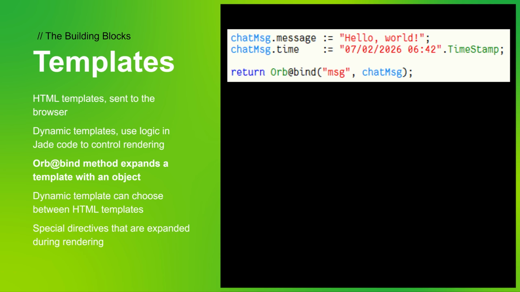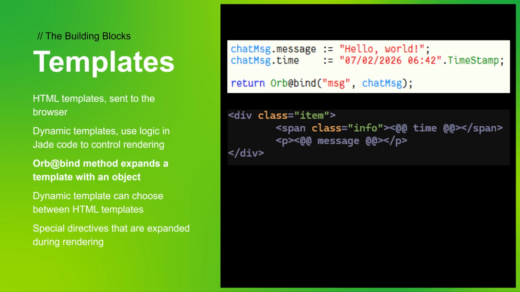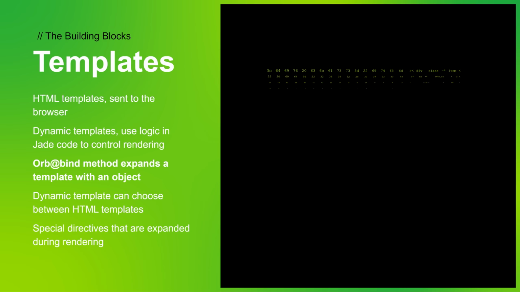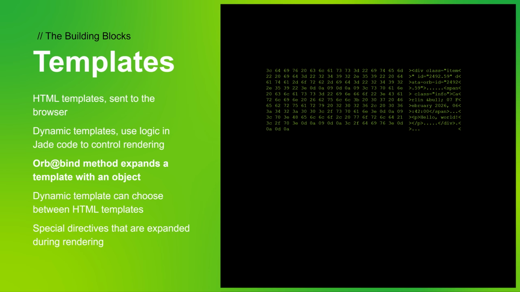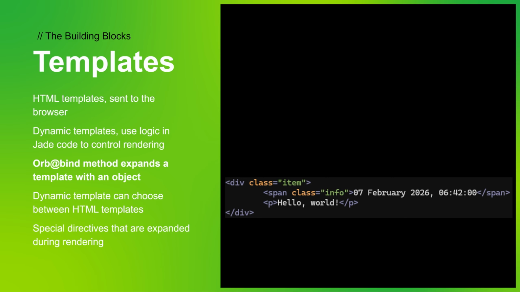In another example, we're setting up attributes on an object and associating that object with a message template. So if this is our message template, that combines that object with the template to produce a binary representation. And when that's sent to the browser, that will appear in the browser as this HTML.